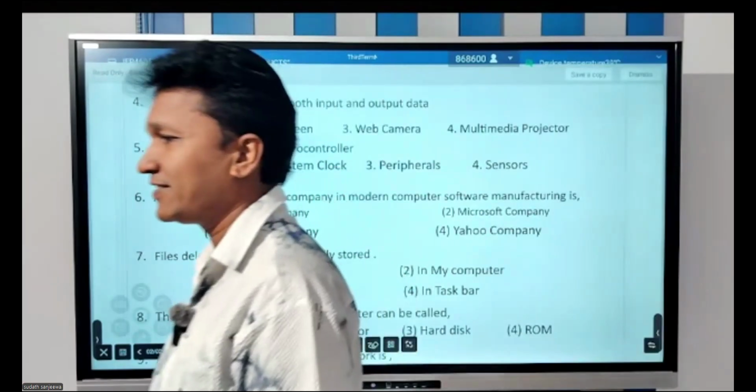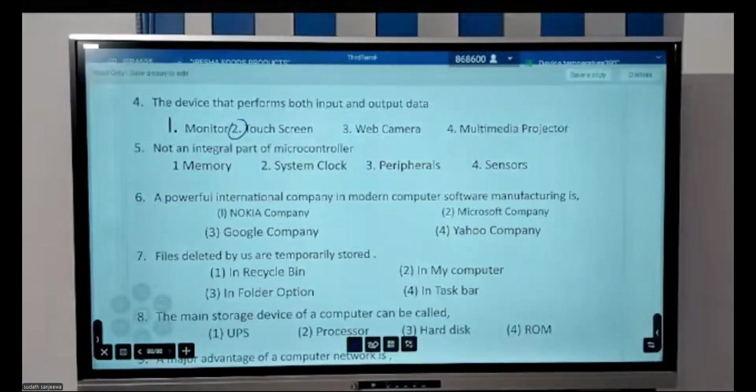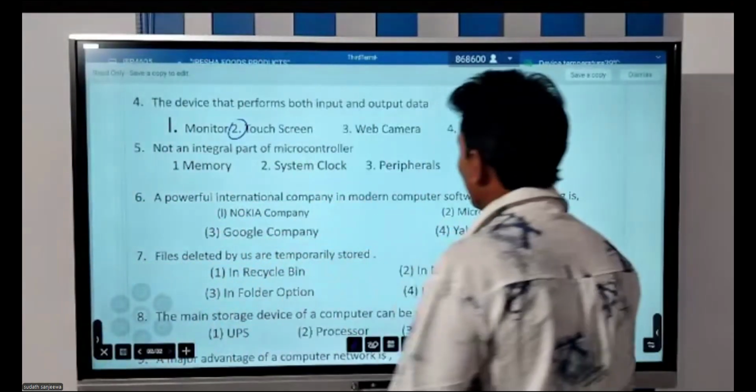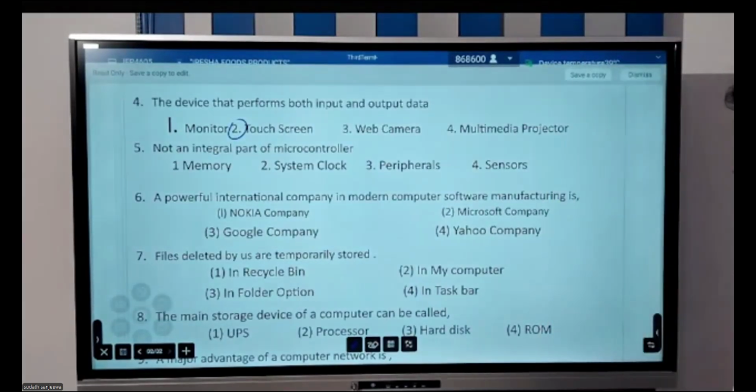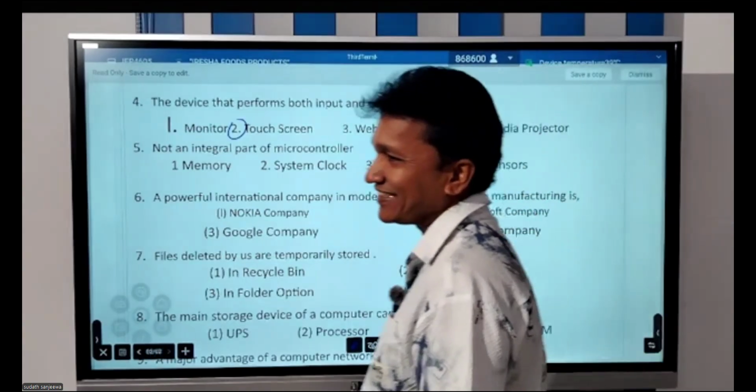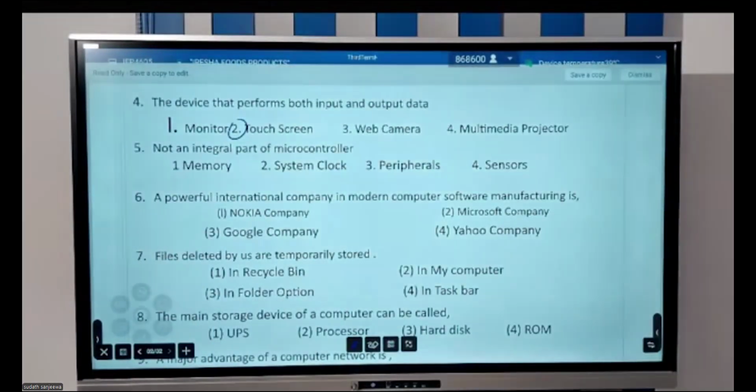What is not an integral part of the microcontroller? Sensor.